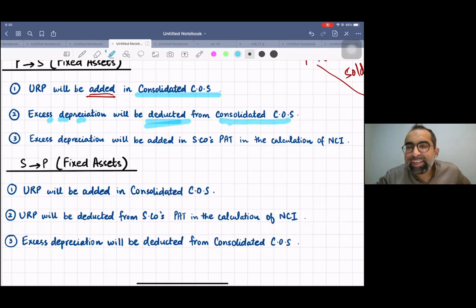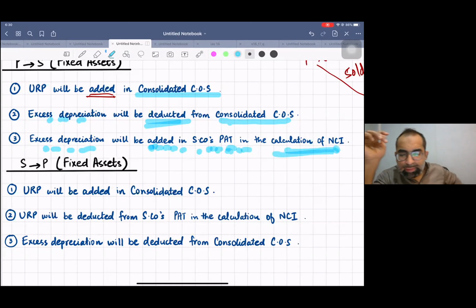And the third thing, as this time the extra depreciation is in S company's P&L, so definitely you need to repair the NCI. Excess depreciation will be added to S company's profit after tax in the calculation of NCI.